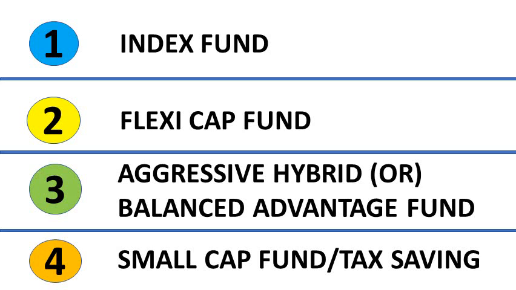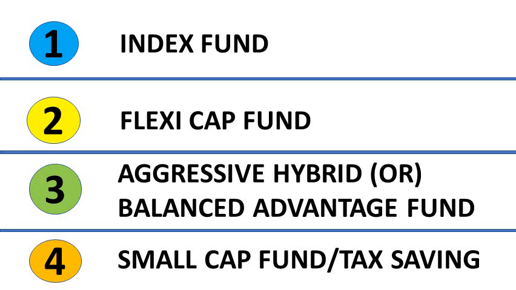The last one, of course, is that we need one tax saving fund. So we can either keep one tax saving fund, or if you have more money, don't bother about the ups and downs in volatility, and are ready to wait for the long term, then you can keep at least one small cap fund, because every company was small at one time and then grew up, like Infosys.